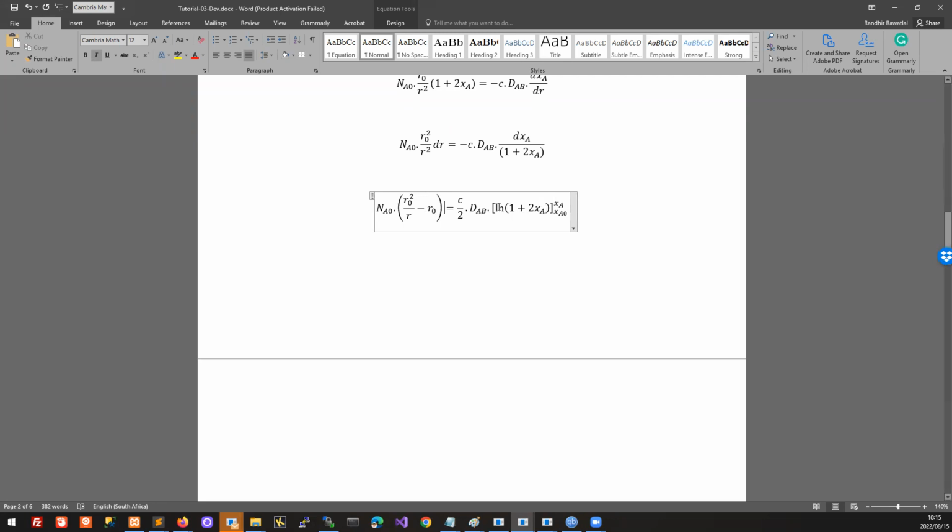And then on the right-hand side, this is ln of the ratio, right? When you subtract ln of something, then you can take that to the power -1. So this is the ln of this at xa divided by the ln of this at xa naught.